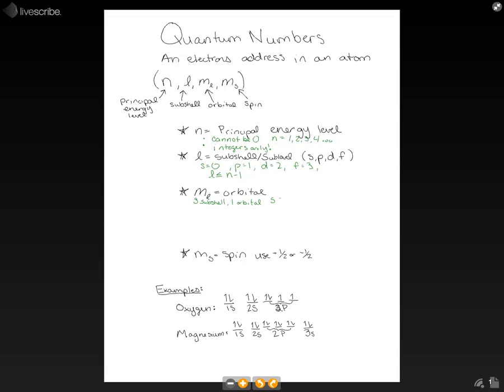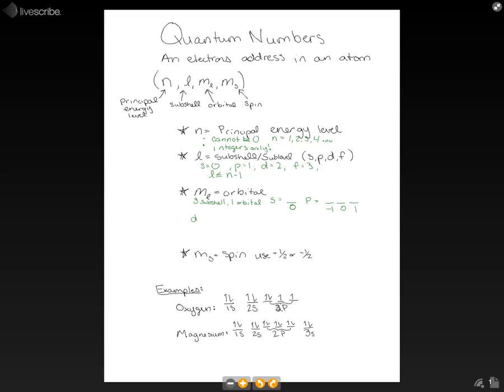So S equals 0, and we put a 0 for that number. So our number for an S subshell, that orbital is 0. For P, we're going to have 3 different orbitals. And we put 0 in the middle, and it's -1, 0, and 1. So we're mirroring around 0 here.